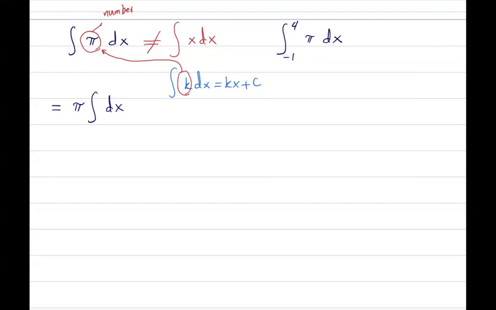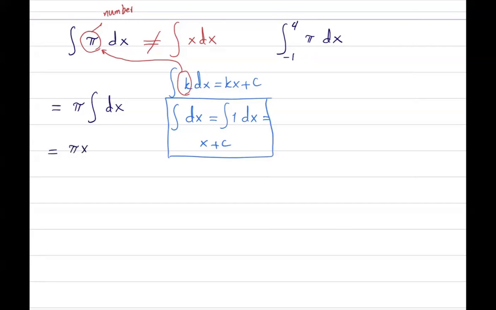And as a quick note, the integral of dx is the integral of 1 dx, which is x plus c. So now that you have pi in front of your integral, it is pi x plus the constant of integration, which is c.